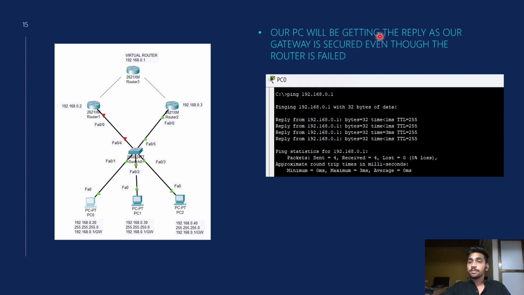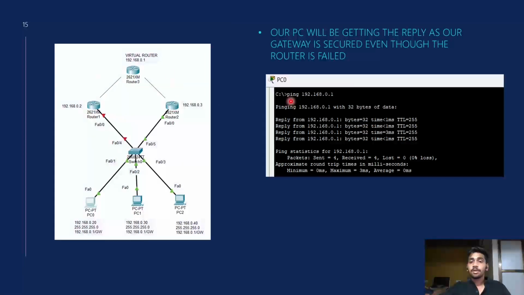So now our PC will be getting the reply as our gateway is secured, even though the router has failed. What this sentence means is that even though we have lost the connectivity to router 1, with the help of the virtual router and virtual IP, we can successfully get the replies due to the HSRP protocol, which clearly states that if there is a network failure, with the help of the virtual router we can successfully execute the process of connectivity.